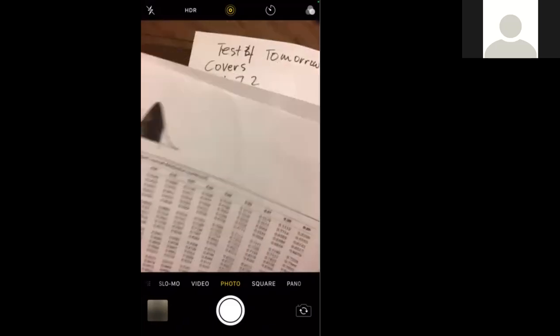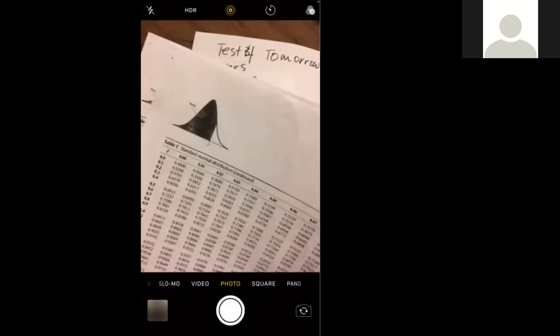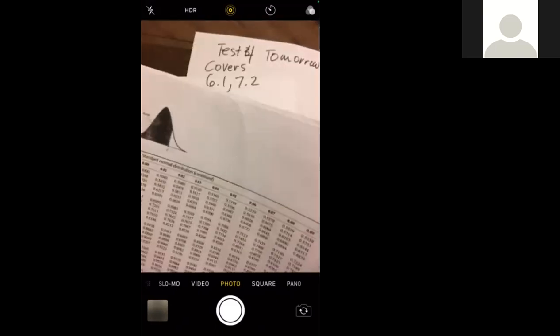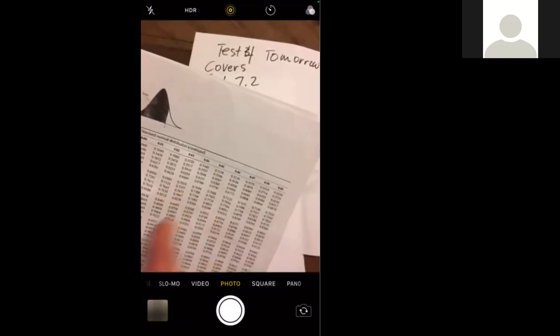But the table you emailed, is it the same table you are going to use on the test? Yes, it's the only table I have. Okay, that's fine. Yeah, so if you've got the email with this table, I'll print it out.